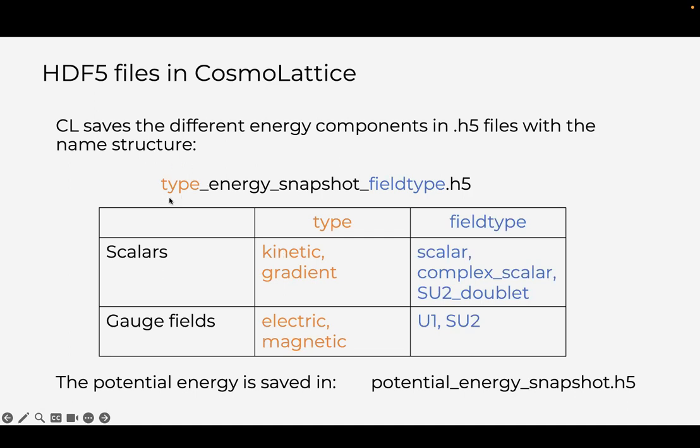So these are put here as type, and in the back part you have the field type written like scalars. You can output scalars, complex scalars, SU2 doublet, and in the case of the gauge field, U1 and SU2 doublet. So these short notations are written in here, and kinetic and gradient and so on are written here. And then you have at last the potential energy, which is outputted with the following notation.